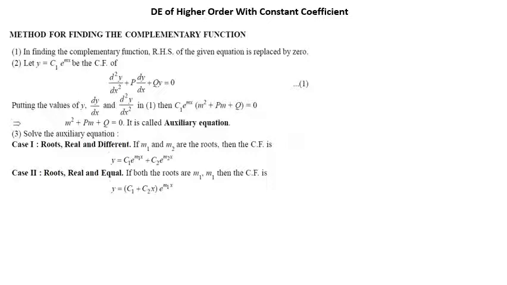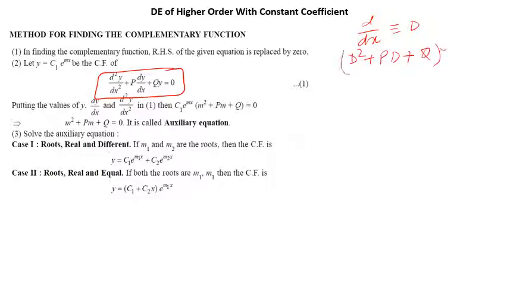For this differential equation, we find the roots of the auxiliary equation: replace dy/dx by the operator D, so the differential equation becomes (D squared + pD + q) y = 0. Replace capital D by lambda or any other parameter: lambda squared + p lambda + q = 0.